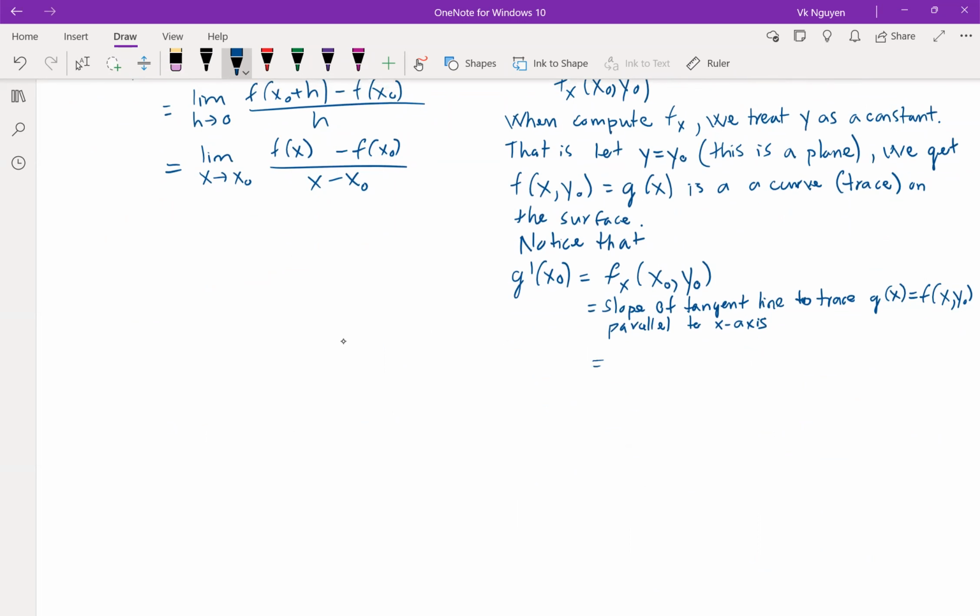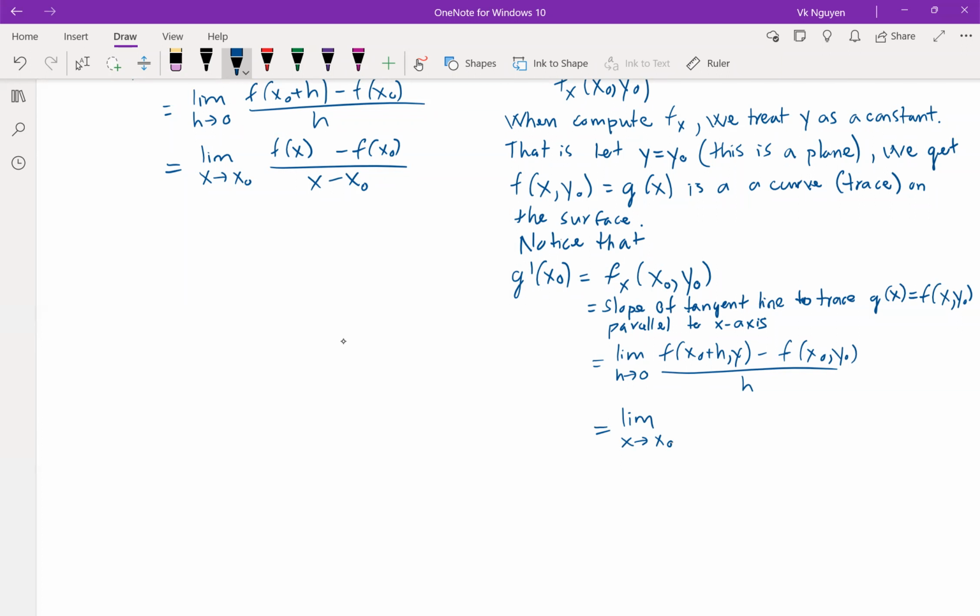So the slope of the tangent line is the limit as h goes to 0. Well, because we treat y as the constant, it's going to be f(x naught plus h, y naught) minus f(x naught, y naught) over h. Then we replace this by x going to x naught.